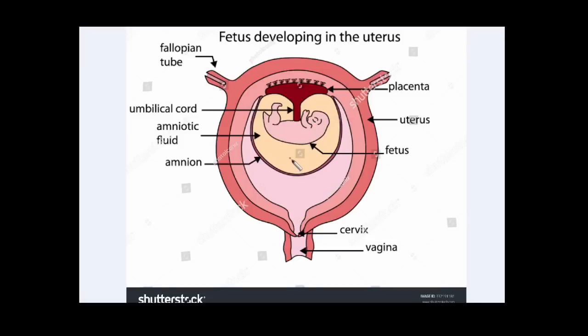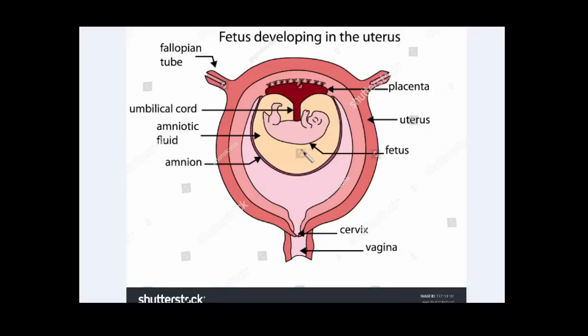And then we have the isthmus. The isthmus is between the corpus and the cervix. This is the corpus, this part here that houses the fetus.